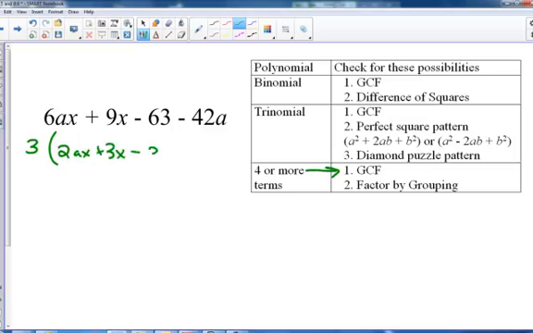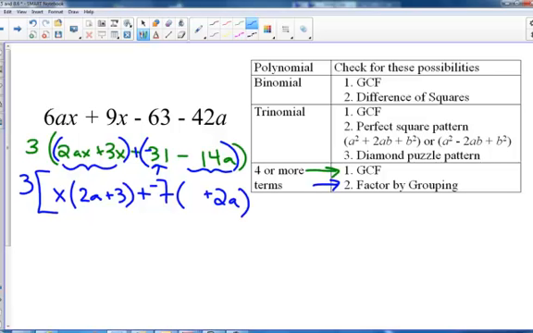So I'm going to take out a negative 7. That leaves me with a positive 2a. But a negative 7 doesn't come out of 31. So this is actually prime. It's not factorable because the 2 parentheses aren't the same.